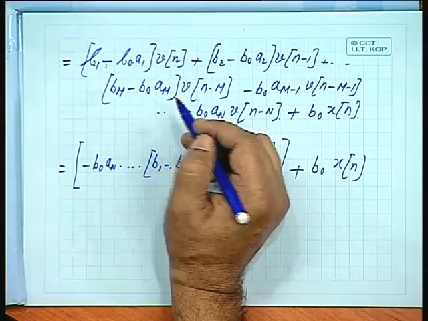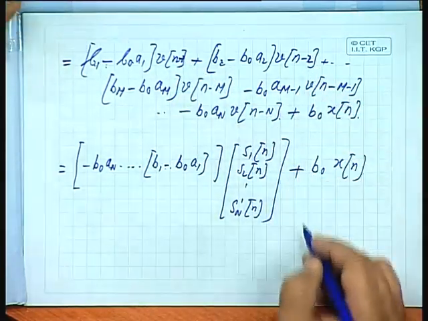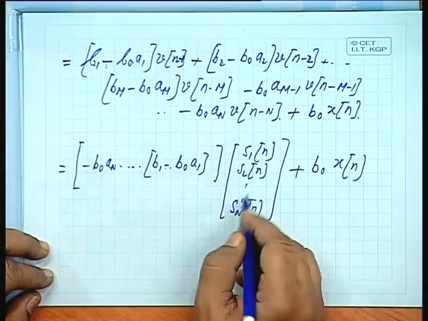We are replacing v n, v n minus 1, n minus 2 and so on. Okay. Otherwise, this is all right.